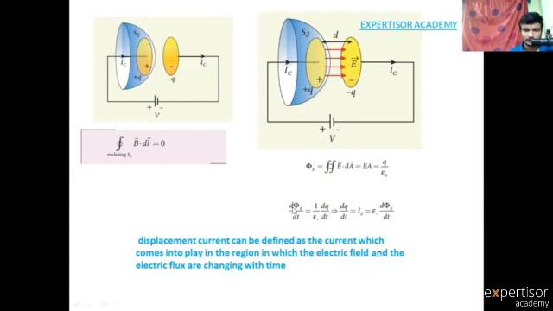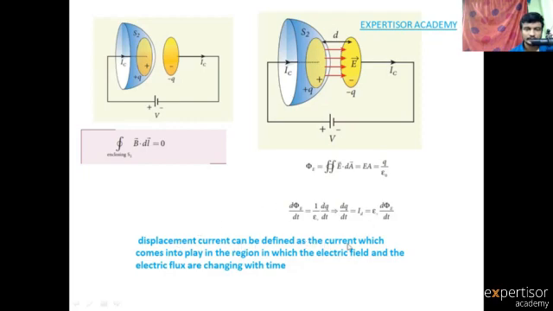Next, the change in electric flux is equal to 1 by epsilon naught into the change in charge. The change in charge here represents the current ID, that is equal to epsilon naught into the change in electric flux. So this ID represents the displacement current.